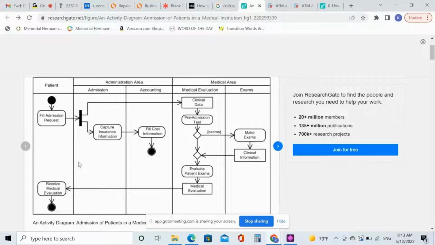Try, tell what is happening. It's healthcare, I think, something medical related. Actually, I don't know in which situation we have to use this.